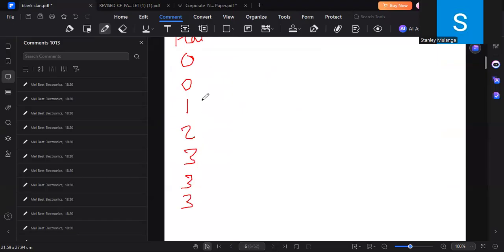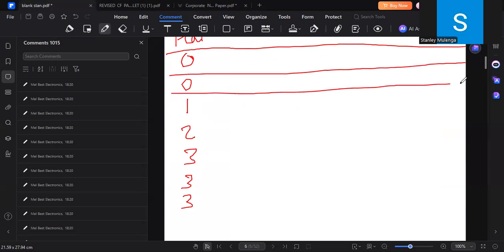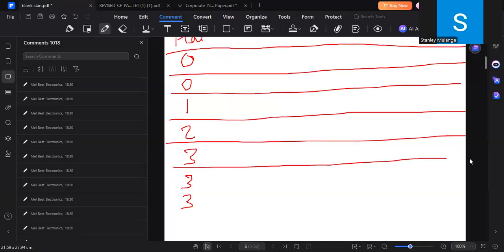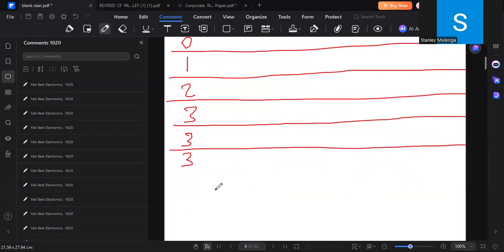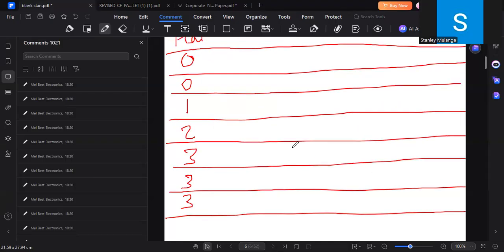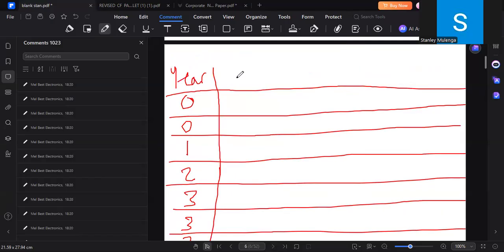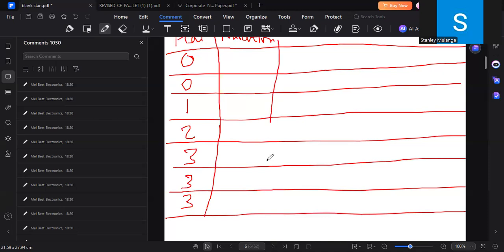Then we have what we call the narration or description. So this was project cost. This is working capital.